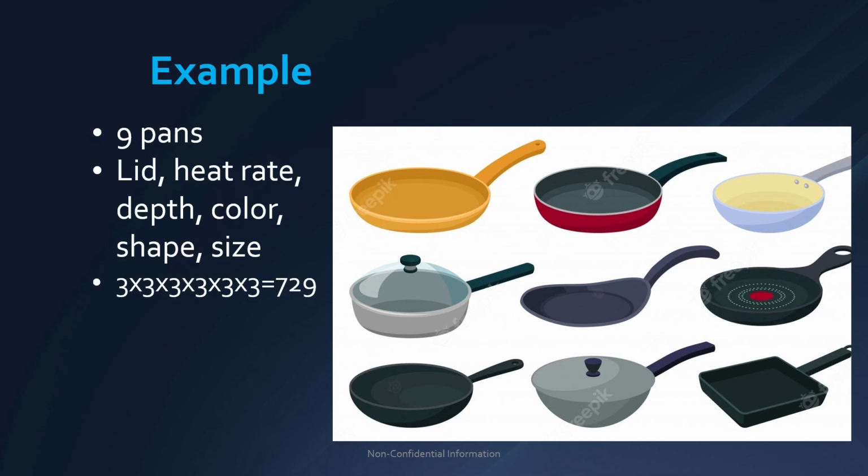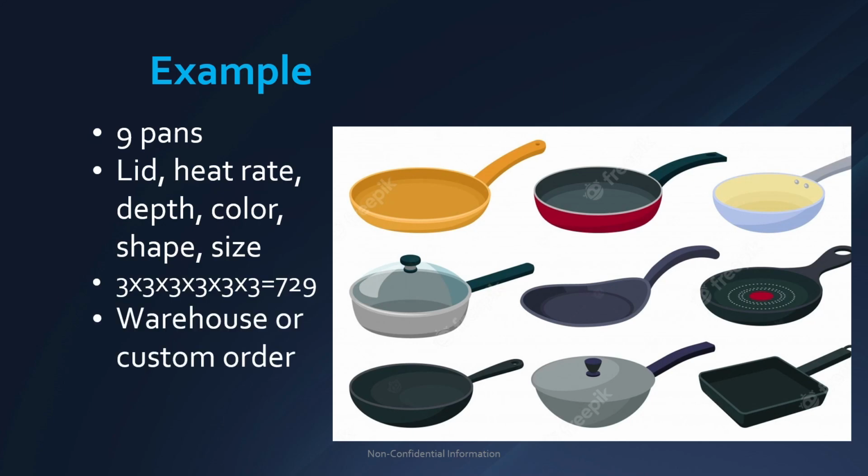But if you say that there's 3 of each of these things, now we can represent 729 total possible types of pans just by using different combinations of these values. And if at some point we decide we actually need more detail in the types of shapes, like let's say there's 7 different shapes, well, we can make changes to just that axis and still have that work for all the other types.